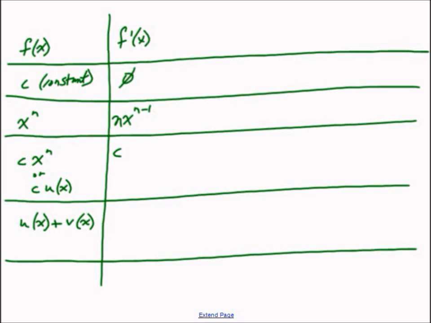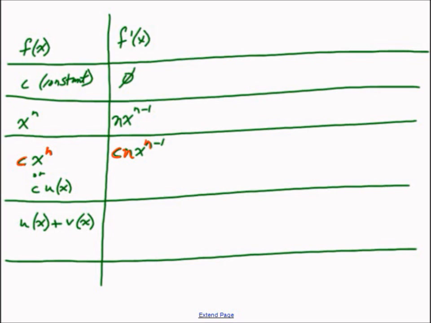Here we just multiply the c by this other rule. So c multiplied by n. So here we have a coefficient. We have a coefficient in this one. Here's our coefficient. Here's our exponent. So we said the rule was multiply the exponent by the coefficient. Well, that's the exponent by the coefficient right there.